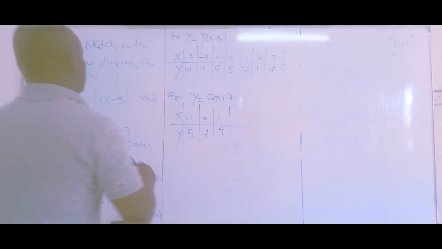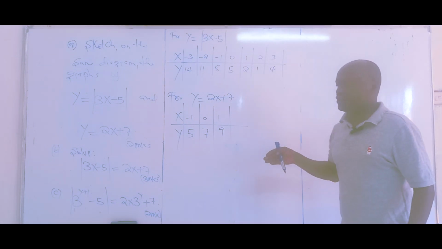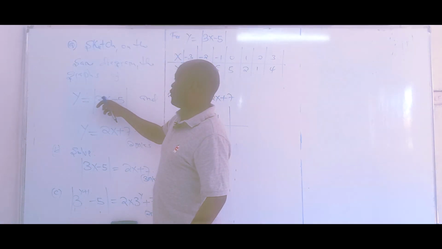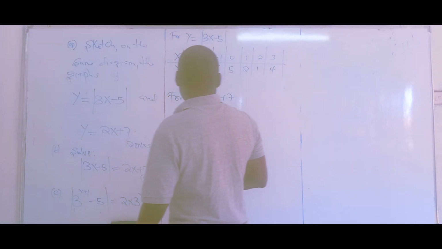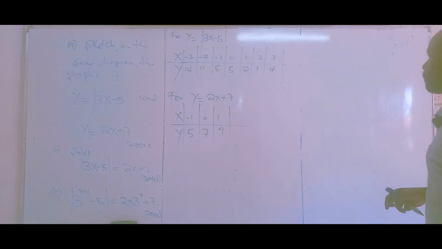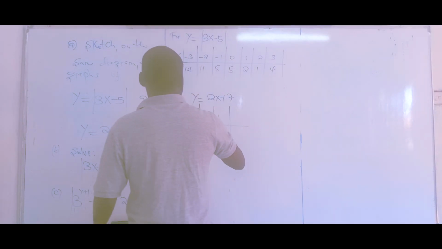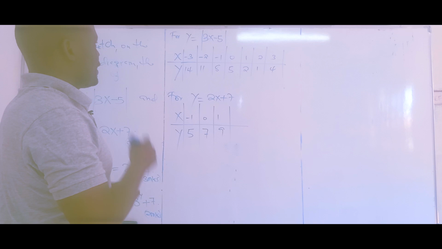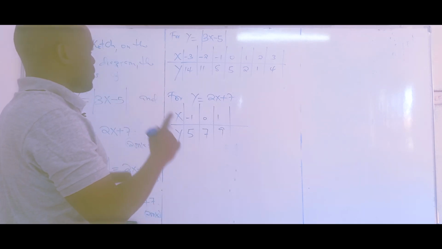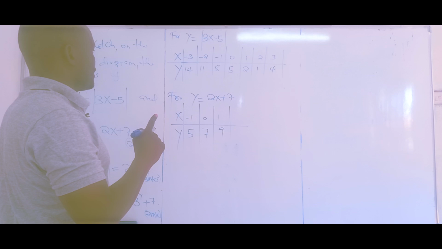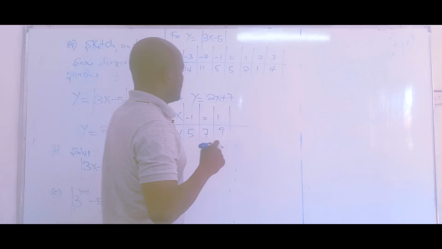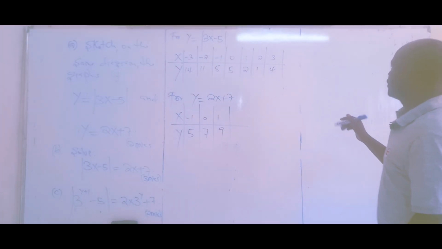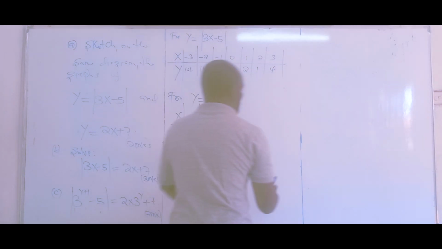So with these points and these points, I'm able then to sketch this and this curve. I see already that the highest y value I have is 14. So it means along the y-axis, I'm expecting a high of 14, and because I'm supposed to sketch, I hope this line here is visible so that I use it.